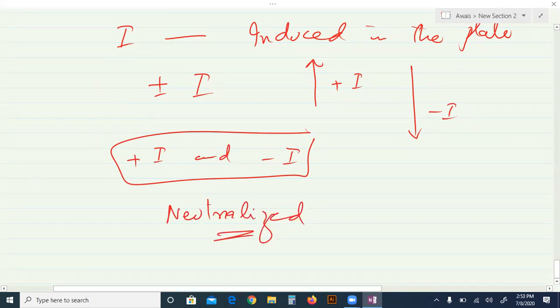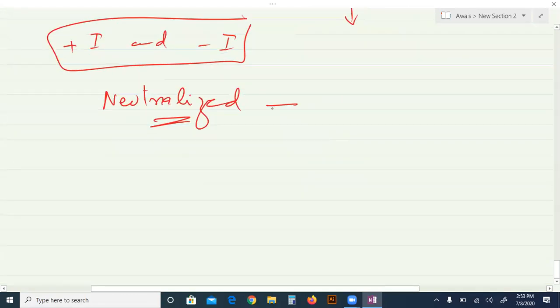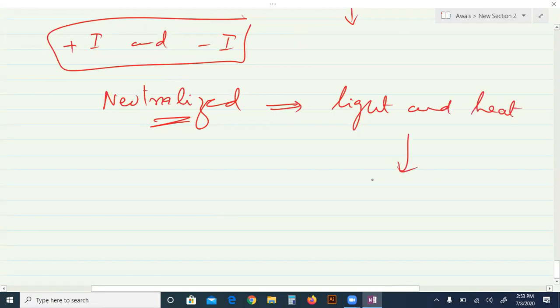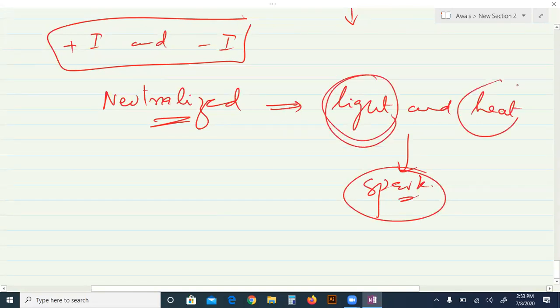Positive and negative currents are neutralized in the form of light and heat, because a spark is produced. And a spark is the loss of energy in the form of light and heat.